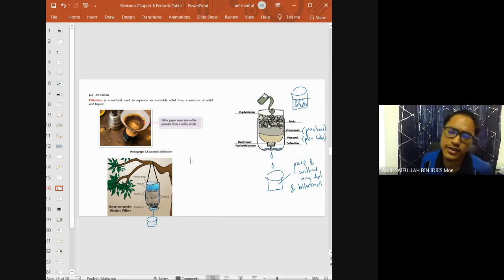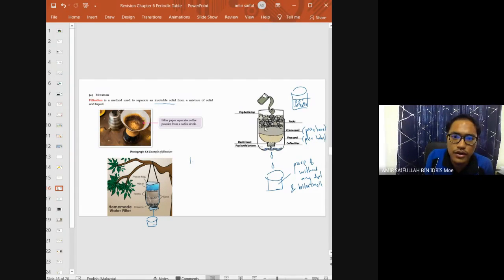But this method also has its disadvantage, such as it cannot kill any microorganism. It can only separate an insoluble solid. But what if the solid or the liquid is soluble with the water? So you cannot use this method, right? So that is the disadvantage. It cannot separate soluble liquids such as poison and pesticides that are found in the water.